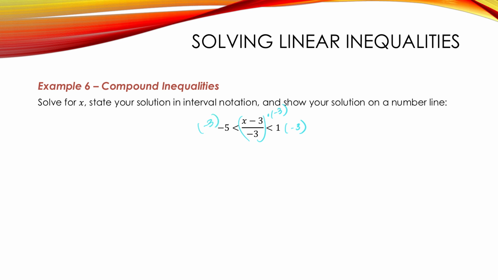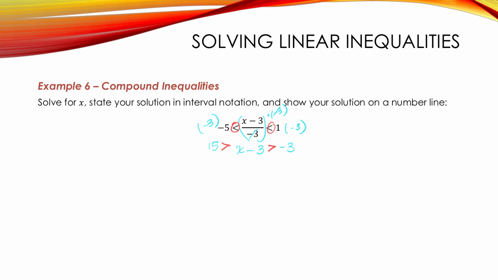Don't forget that we now have to change our inequality symbols. So negative 3 times negative 5 gives me 15, but now that is going to be this direction, greater than, and then these negative 3's cancel out, so now I just have x minus 3 here. And now this one also goes this direction, and now I have negative 3.